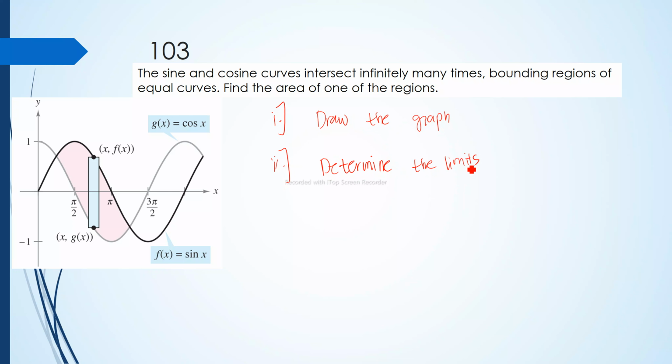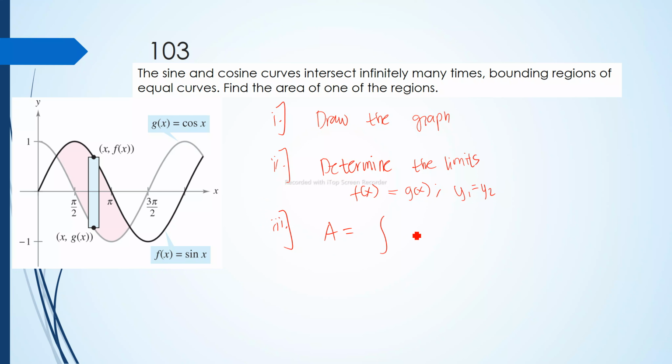If the curves intersect, then you can equate them, like in our previous example, f of x is equal to g of x, or y1 is equal to y2. And then after determining your upper and lower limits, you get the area.